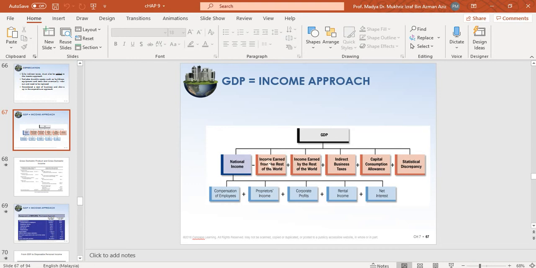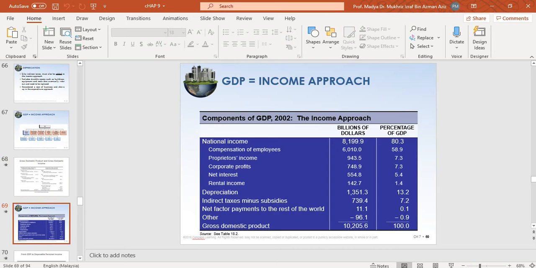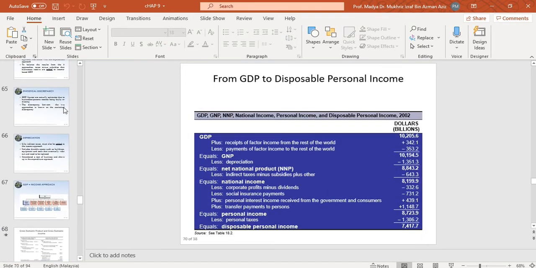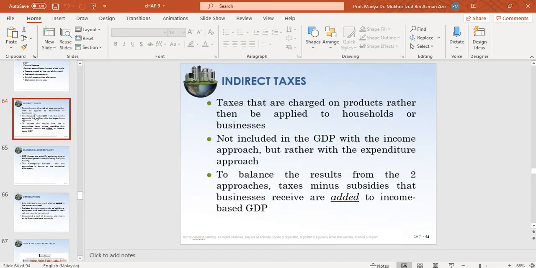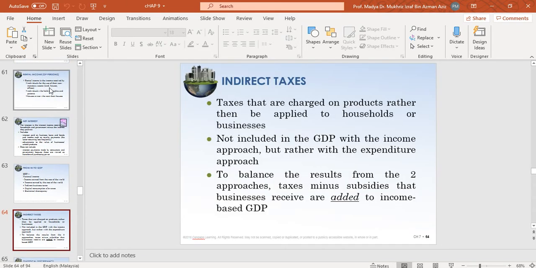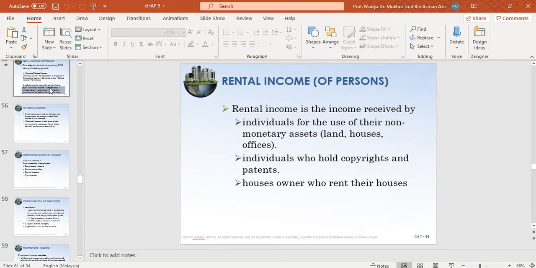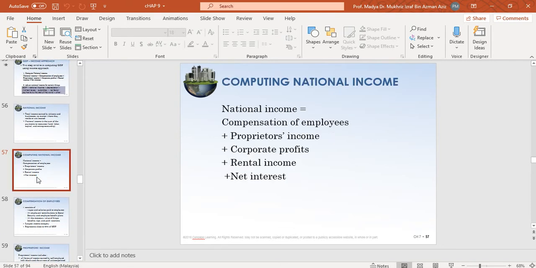Whatever is given in the formula here, you can trace back to the definition here. National income equals compensation. This is national income, not GDP. National income equals this component.